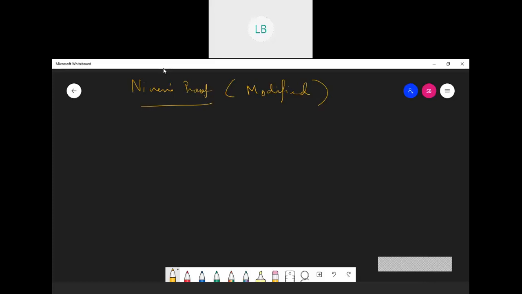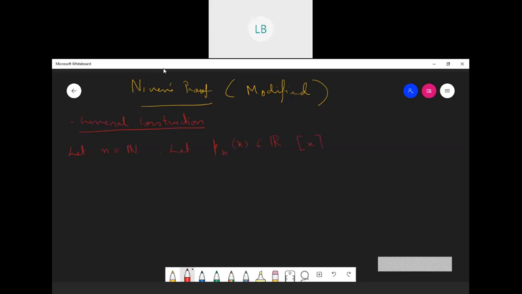Fine. So firstly, let us do some general construction. Let n be a natural number and let P_n(x) be a real polynomial.